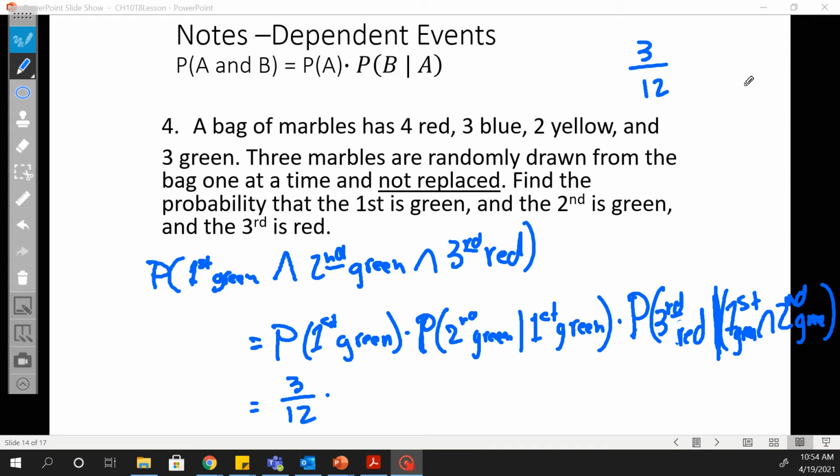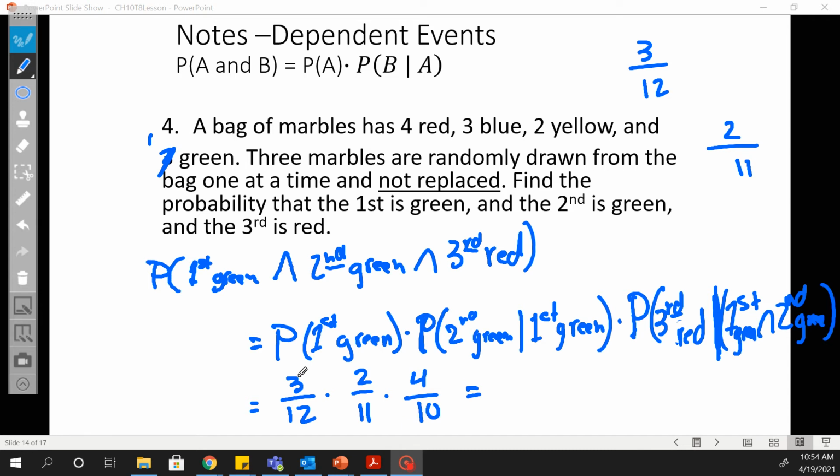So now that would be 2 greens left out of 11 marbles, so 2 over 11. And then the third one being red given that the first one is green and the second one is green. So we only have 1 green left, but we still have 4 reds. However, now we only have 10 marbles.